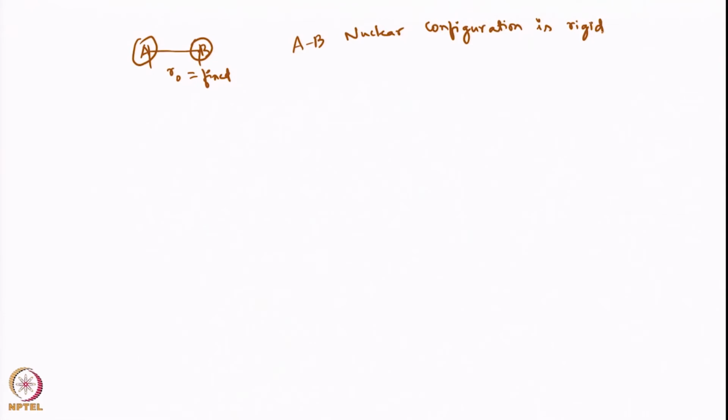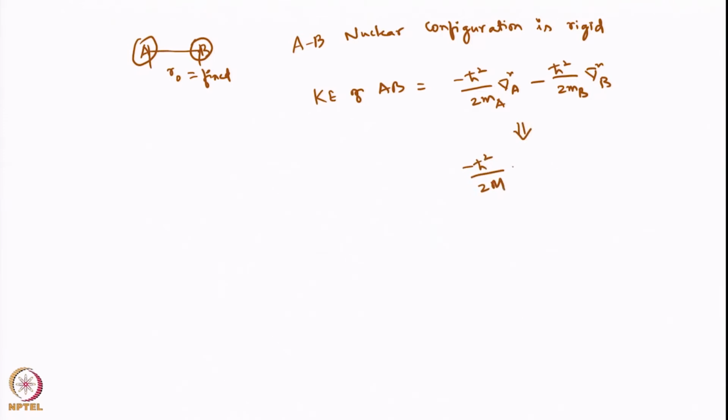In such a scenario, the kinetic energy of AB, which is nothing but minus h bar square by 2m A del square A minus h bar square by 2m B del square B, can be written as minus h bar square by 2 capital M del square Cm minus h bar square by 2 mu del square internal.